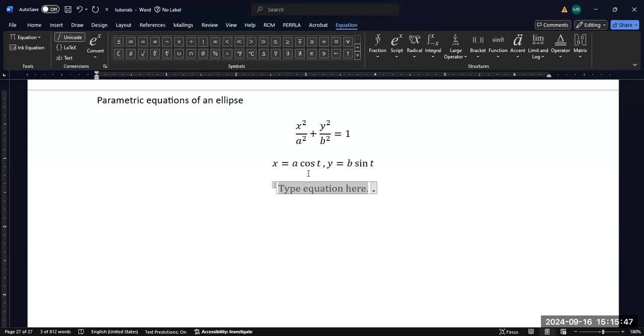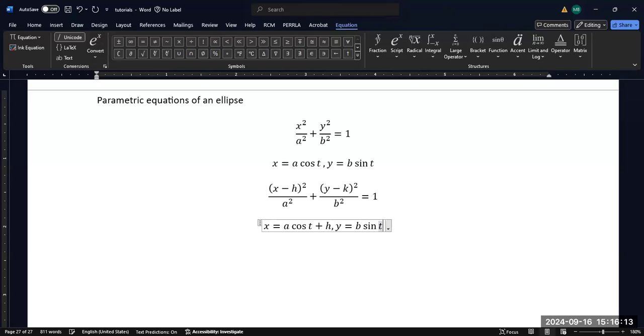Now, as I said, you can shift everything off the origin if you really need to. And so in this case, you would just modify this with x equals A cosine t plus h, and y equals b sine t plus k.